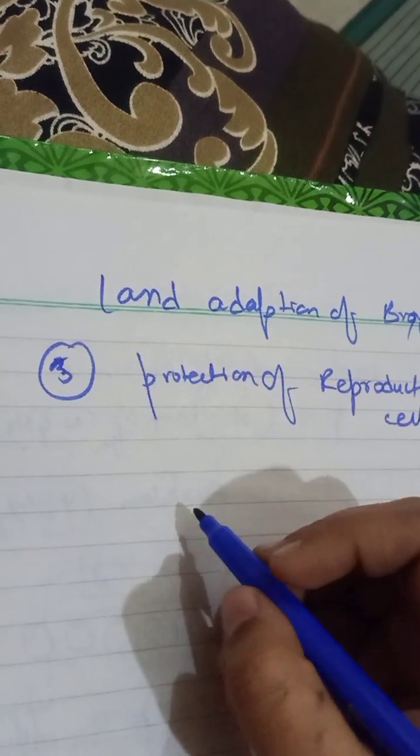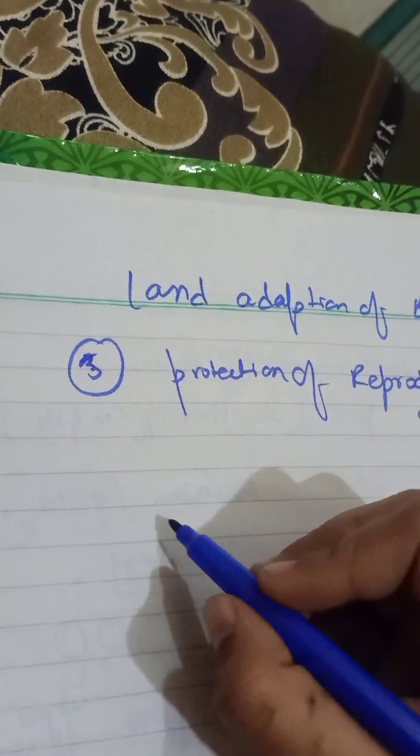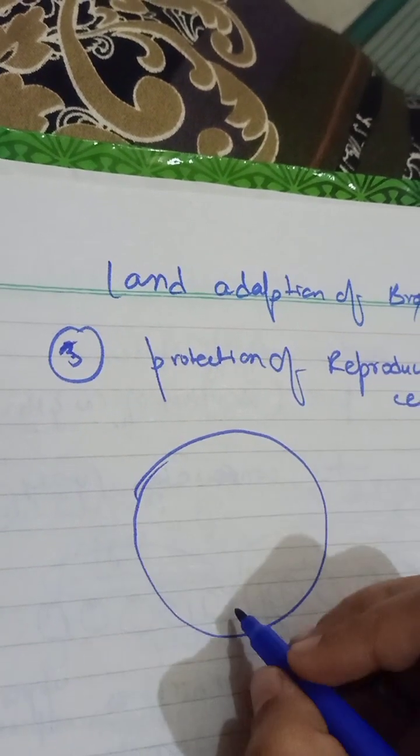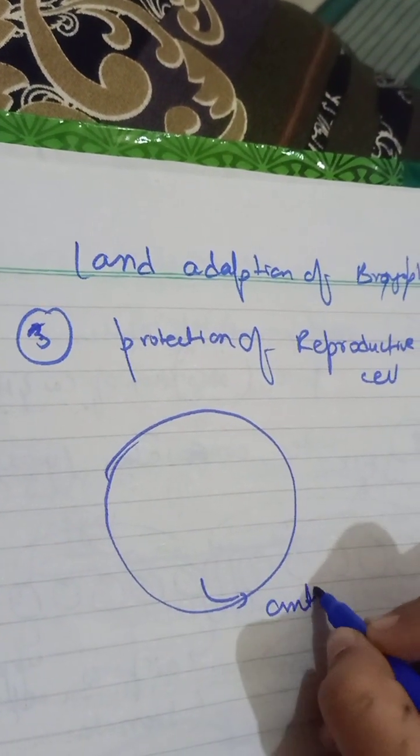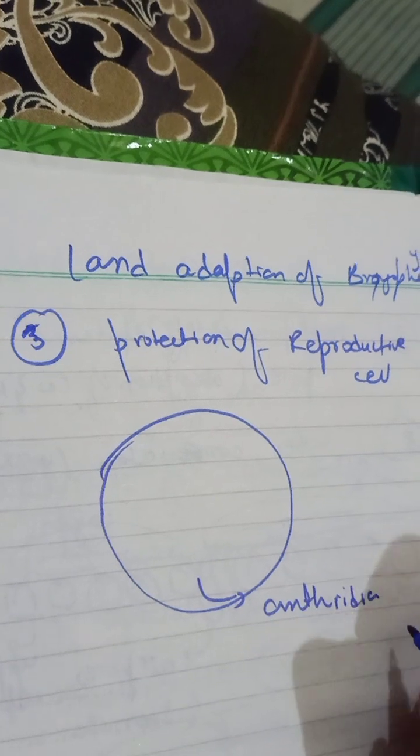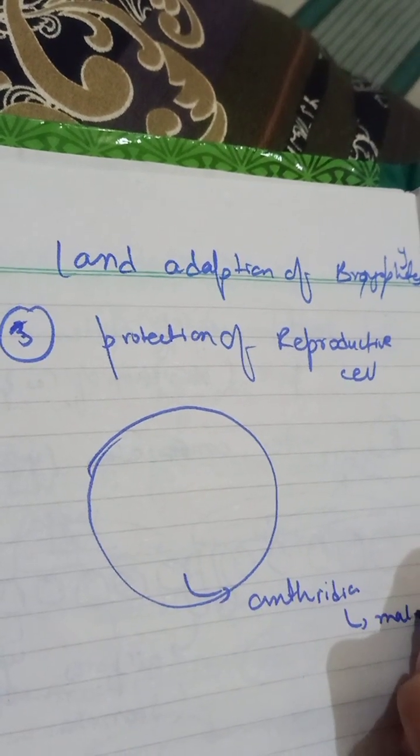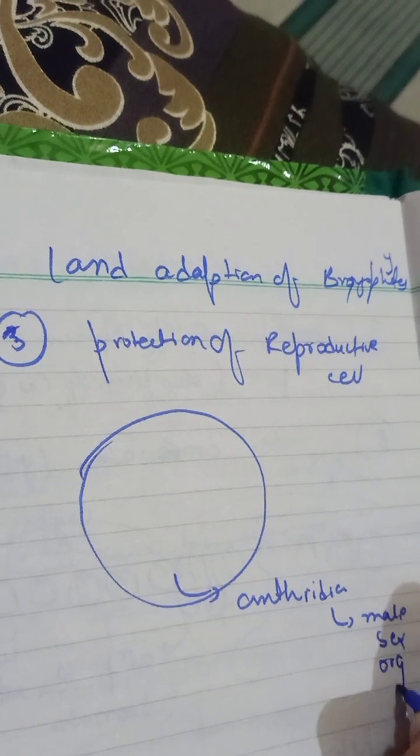For example, we have the antheridia. What is this? It is a male sex organ of the bryophyte.